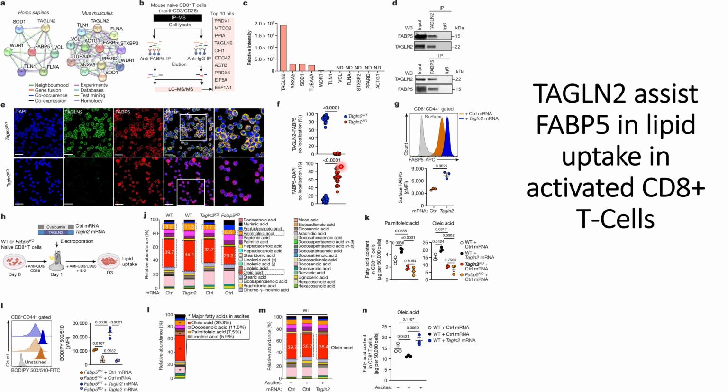And then they did the reverse experiment: in the knockout cells they injected TAGLN2 mRNA, and they found that once they injected TAGLN2 mRNA, there is an increase in FABP5 expression on the surface, which they measured using flow cytometry, compared to the control mRNA.